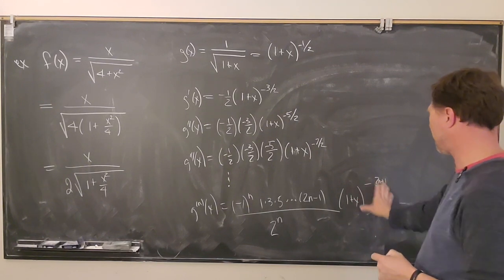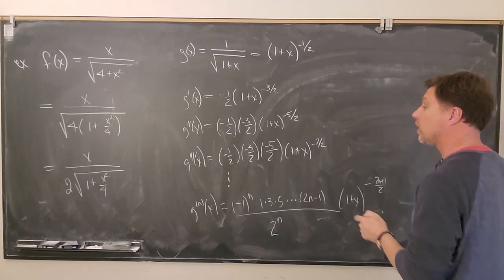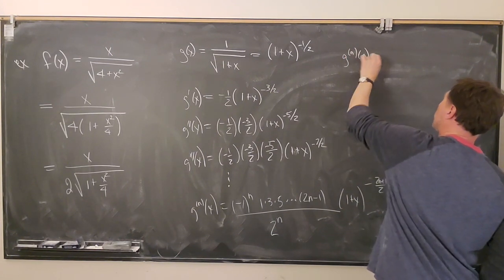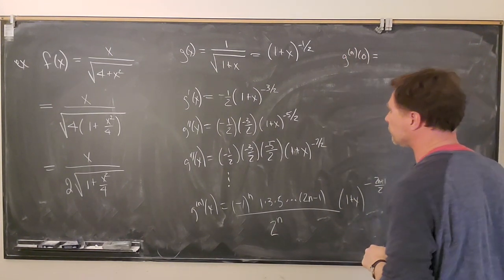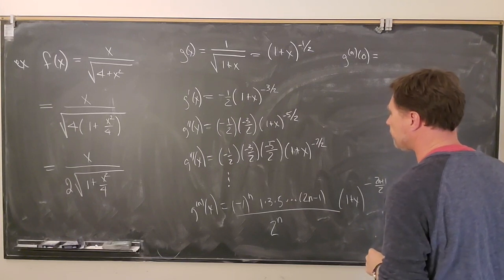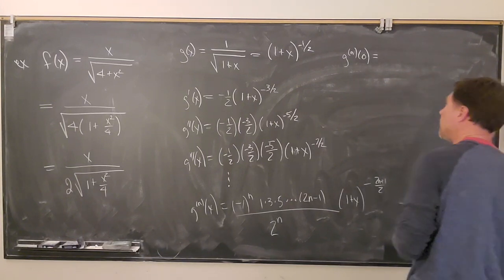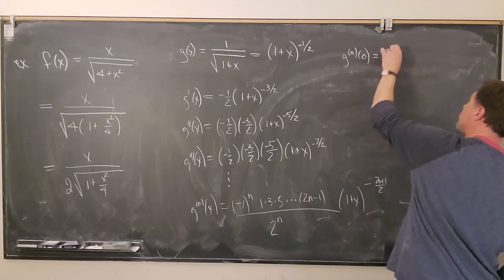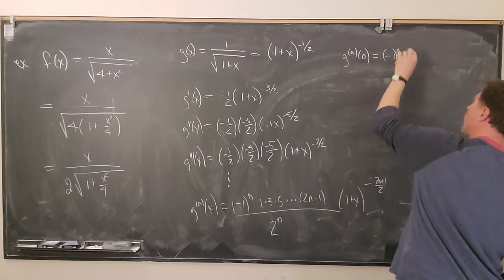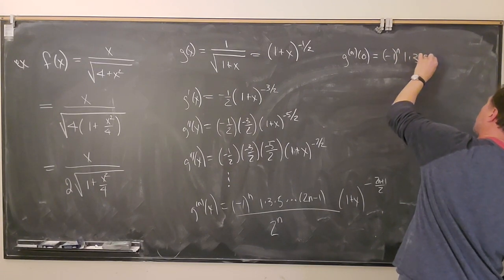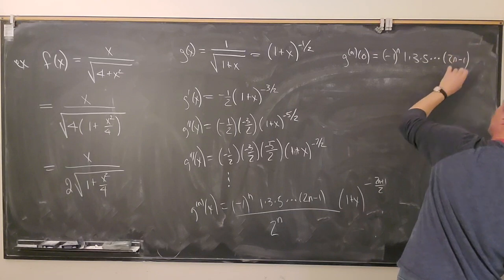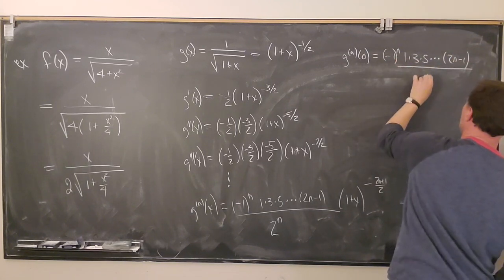Of course, we don't really care about this part because now I'm going to plug 0 in, right? We're doing the Maclaurin series. So g^(n) of 0 is going to be equal to minus 1 to the n, 1 times 3 times 5 dot dot dot 2n minus 1 divided by 2 to the n, right?